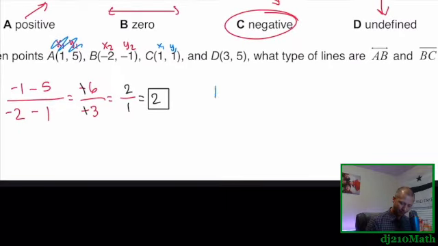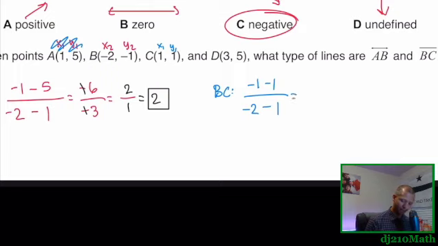Okay, BC. This is going to be y2 minus y1, -1 minus 1, over x2 minus x1. So x2 is -2 minus x1, which is 1.